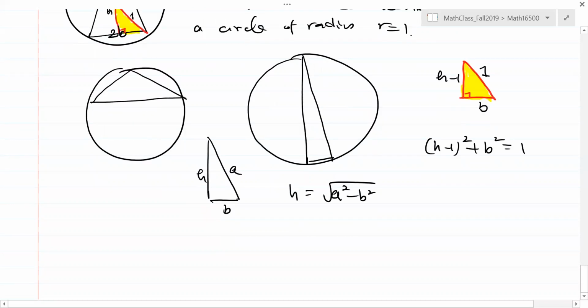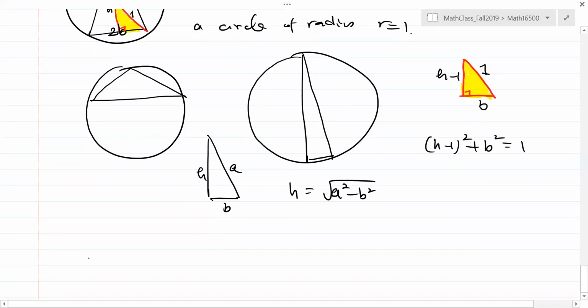Okay, so the area of the triangle is half of 2b times h. So what is b times h? I think I'm going to express b in terms of h.